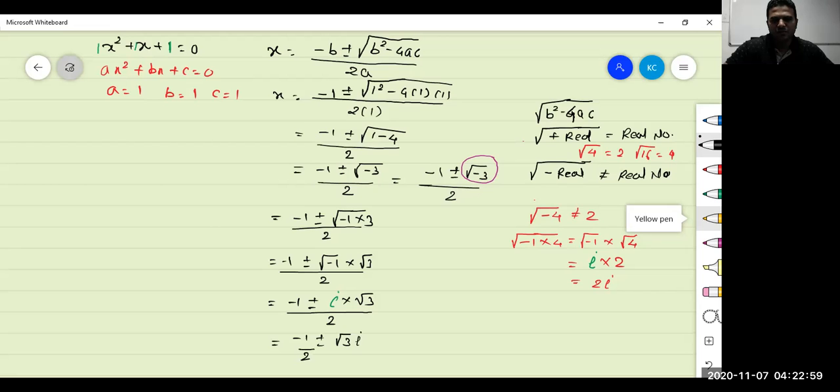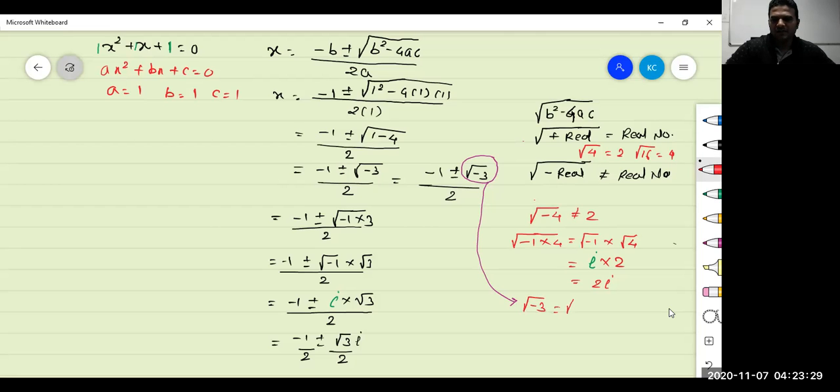I will explain here again. This root of minus 3, we have written in the form of a real part with root of a negative. So how to express this?